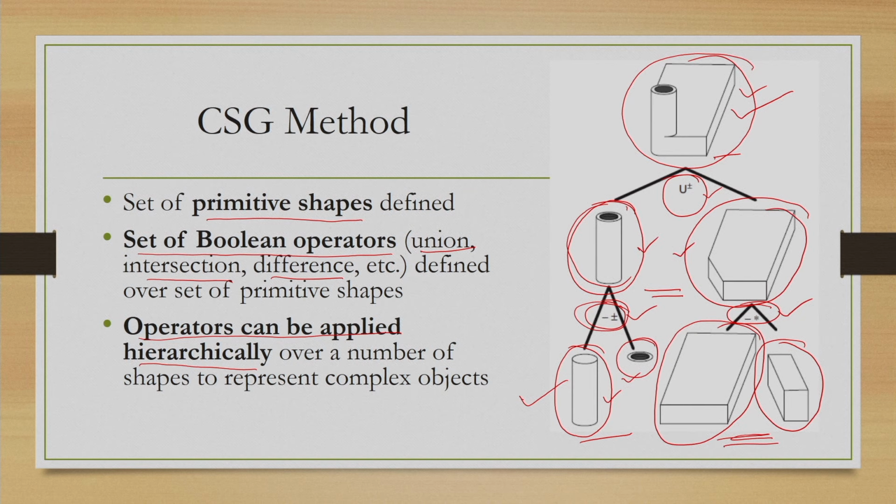We apply those operators on the shapes to get new shapes, and we apply them hierarchically till we are able to represent the desired shape. So, what is the representation? The representation is essentially the primitive shapes and the Boolean operators applied in a hierarchical manner.